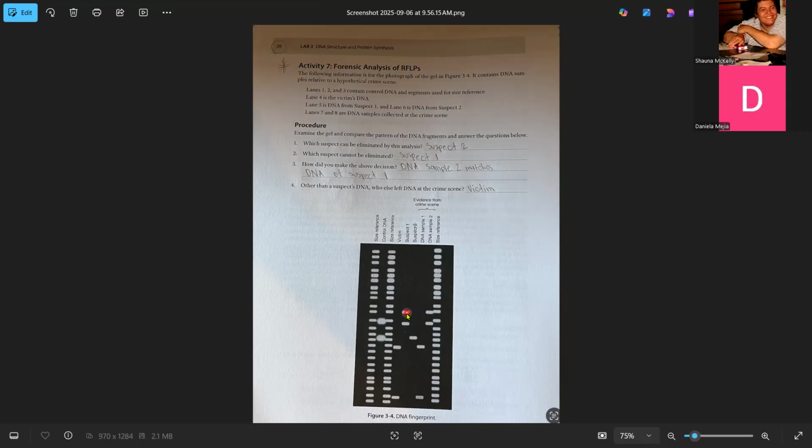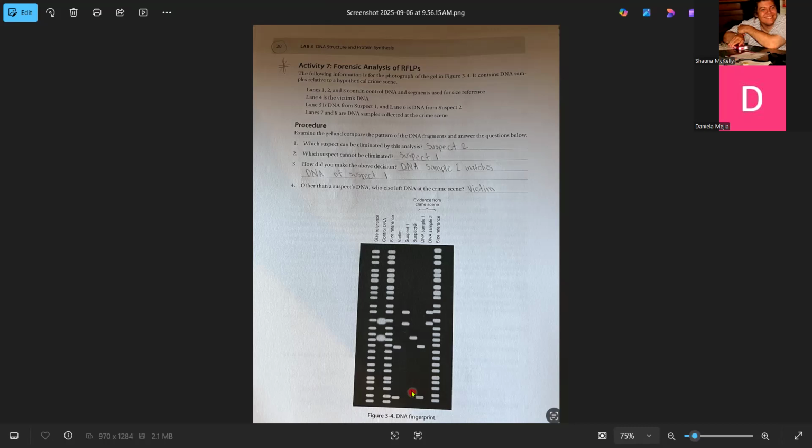Okay, so line 7 and 8, or sorry, line 6 is from the second suspect. So the one next to it, right here.